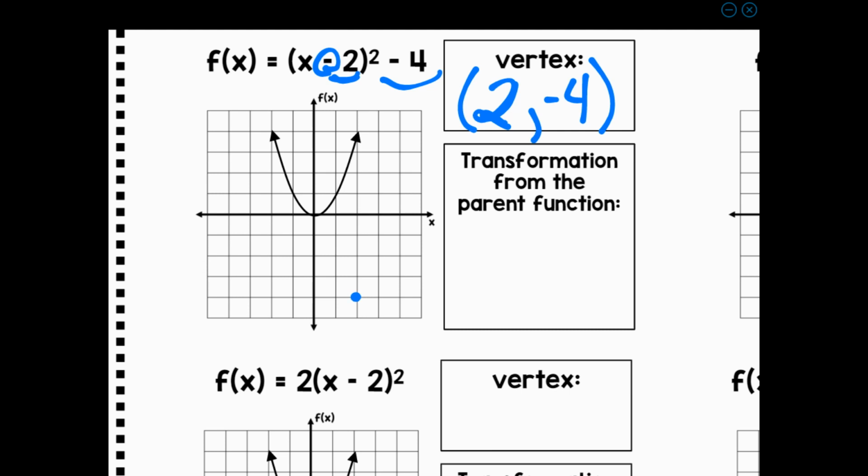Do I have an A that's going to affect anything there in front of the parentheses? No. So it's going to be the same way, up 1 over 1 and reflected on the other side. Then up 3 over 1.